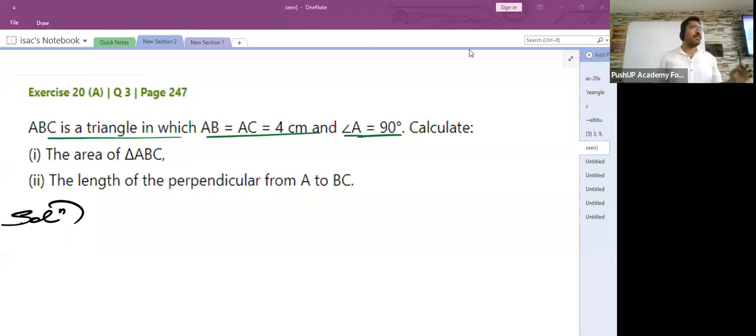So yes, children. After reading the question, you realized that the triangle is an isosceles right angle triangle. Why is it an isosceles right angle triangle?